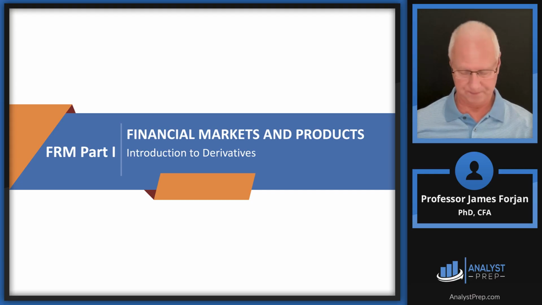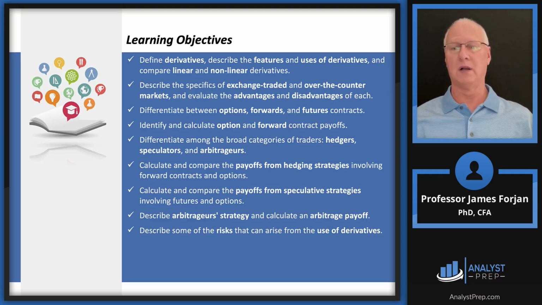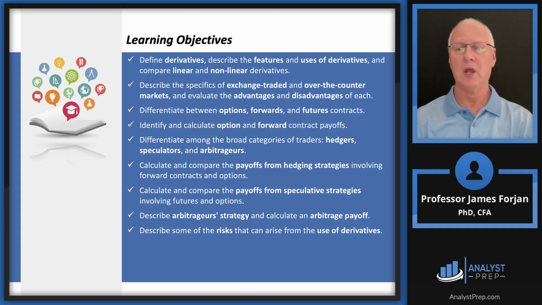Now, as you look through these learning objectives, you'll see a bunch of sentences that sound like, hey, tell me similarities and differences between and among these three types of derivative contracts. And by the way, we'll go ahead and add swap contracts in a later chapter. We'll talk about who participates in this market. We'll even have an introduction on exchange traded and over-the-counter markets.